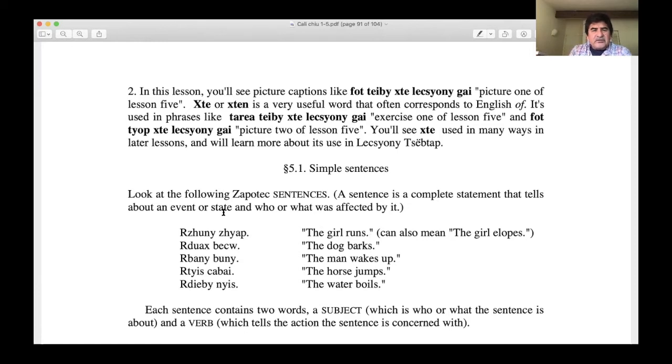right? So in Zapotec, we have the verb runs, okay? If you're not sure, just go back to the list of words, or it's already translated here. So what I'm going to do is say it for you. The way we say the girl runs in Zapotec is runjap, okay?